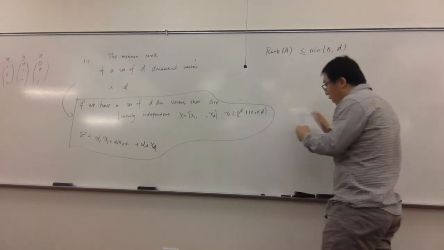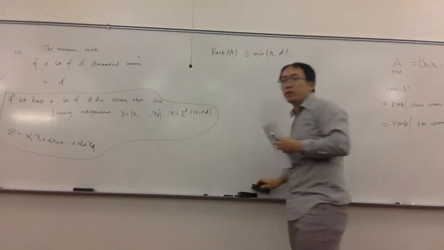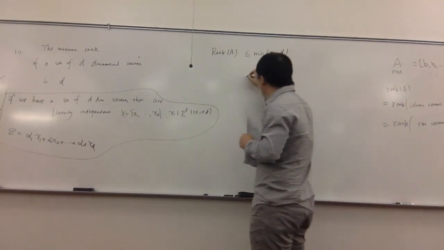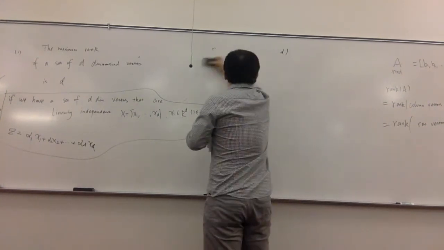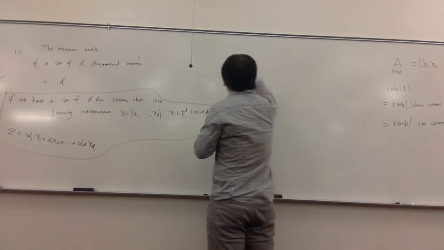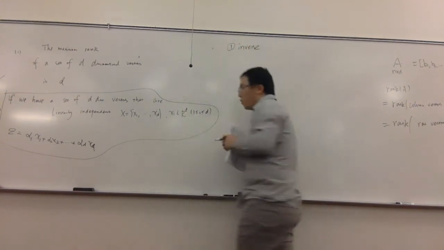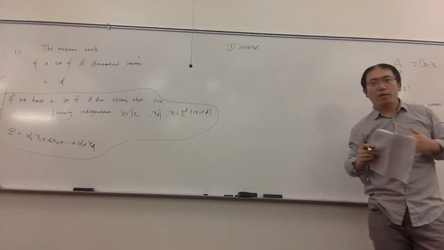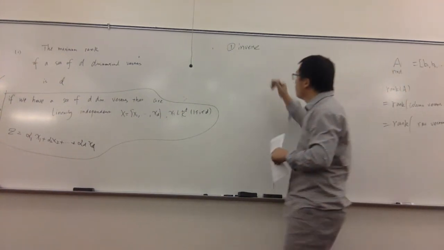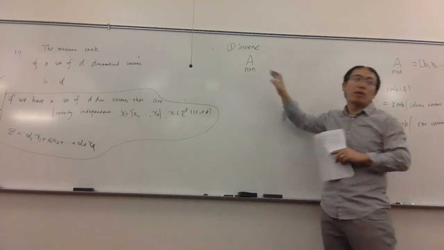So next, let us look at another important concept, the matrix inverse. When we talk about the inverse of matrices, we are only talking about square matrices, meaning the matrix must have the same row number and column number.